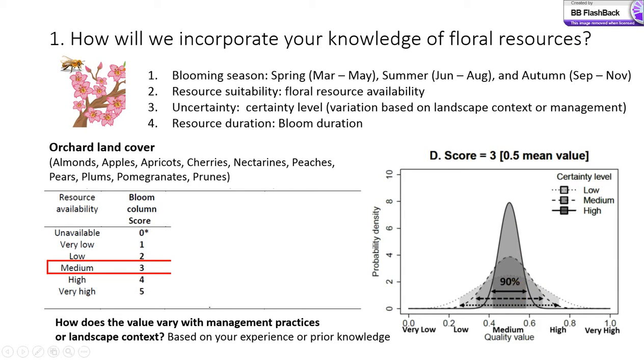If you think the medium quality of floral resource availability of orchard does not vary with management options and landscape context based on your experience or knowledge, then you can choose high certainty level. This means that the majority of orchard land cover provides medium quality of resource availability.